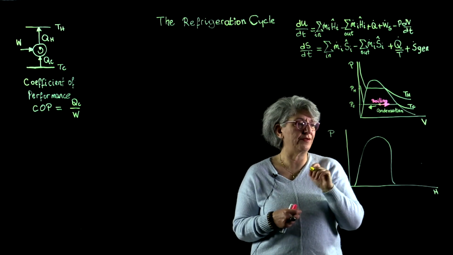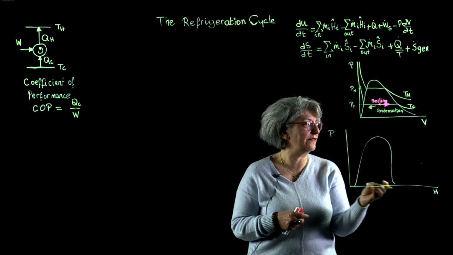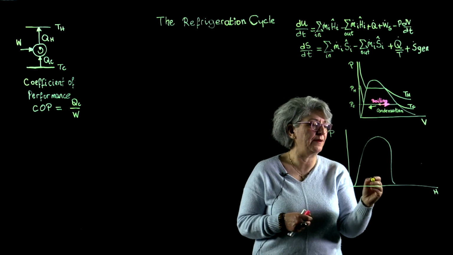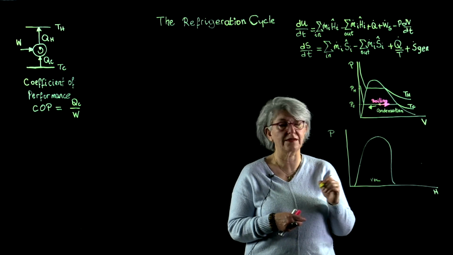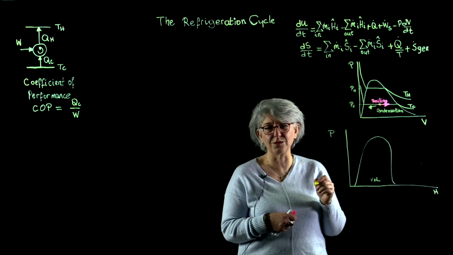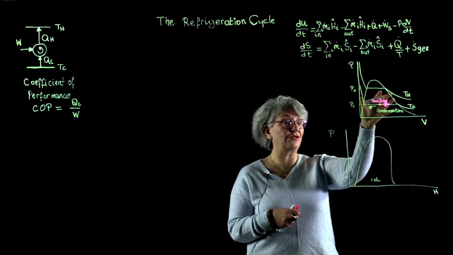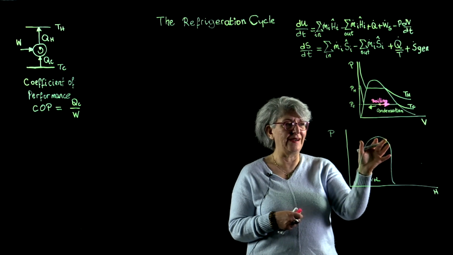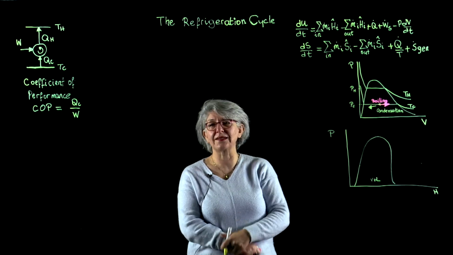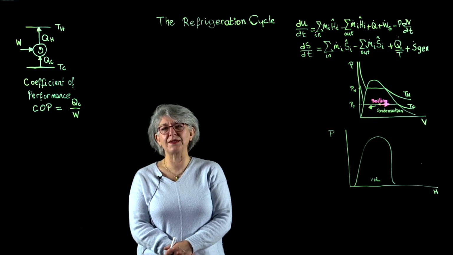So here we have pressure of the fluid. Here we have the enthalpy of the fluid. We have the vapor-liquid coexistence curve here, and we're going to have isotherms that are going through this, similar to the isotherms that we have here. Let's leave this one here and let's come back and start designing our refrigeration cycle.